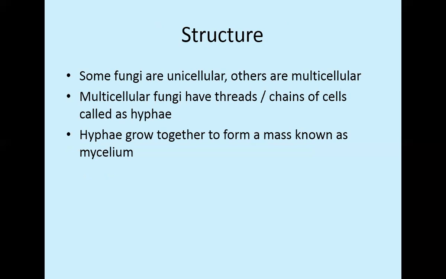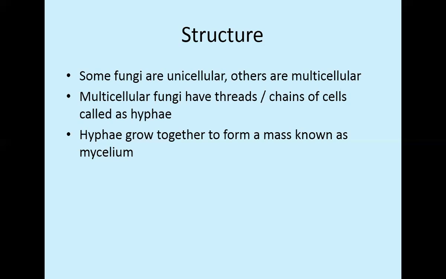Most fungi are multicellular. Some of the fungi are unicellular, meaning that they are made up of only one cell. The cells of multicellular fungi are arranged in the form of long filament-like structures. These filaments are called hyphae.